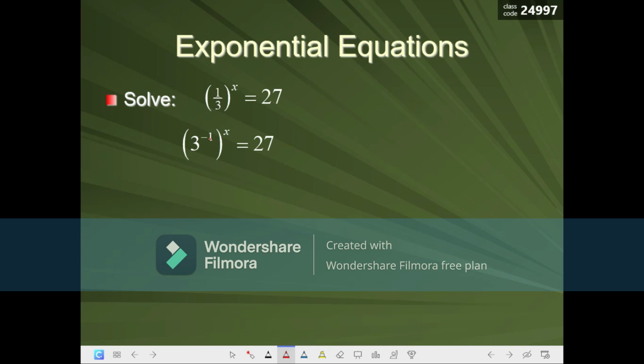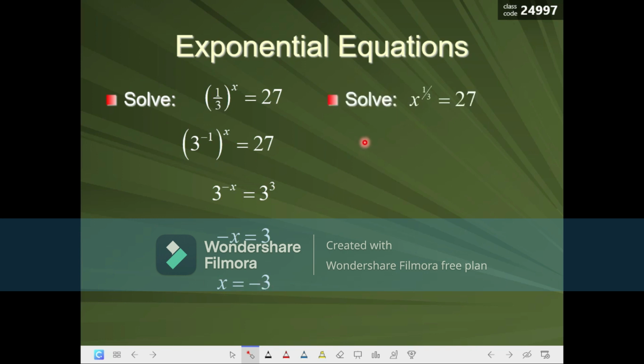So 3 to the power of negative 1, we have x outside as our exponent, is equal to 27. 27 can be expressed as 3 cubed. Okay. So we have 3 to the power of negative x is equal to 3 cubed. Then we will equate the exponents. Therefore, we have negative x is equal to 3. Divide both sides by negative 1. So you have here x is equal to negative 3.